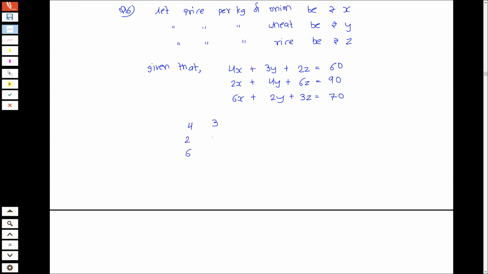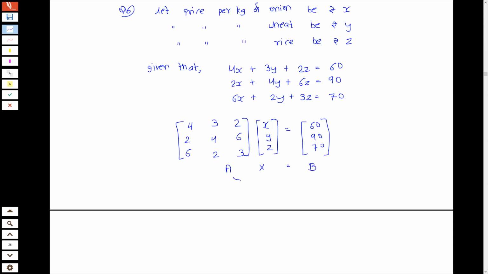426, 342, 263. So this matrix into the variable matrix should give us right hand side matrix. We need to be able to find value of x, y, and z.